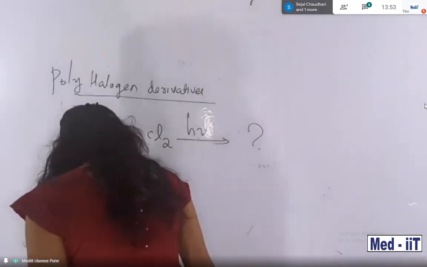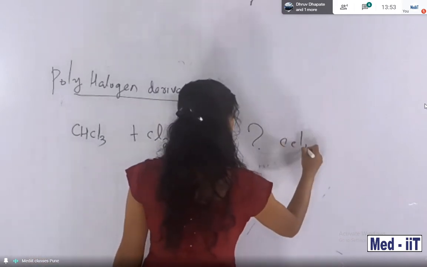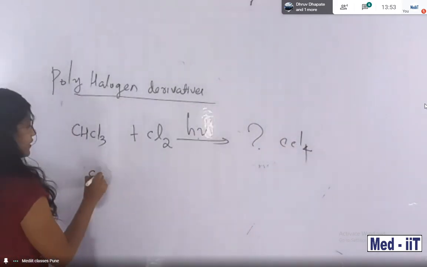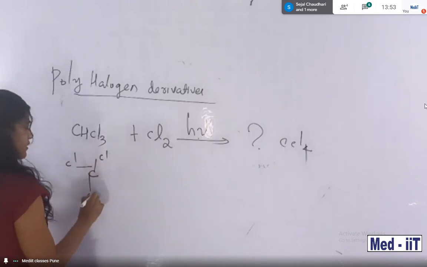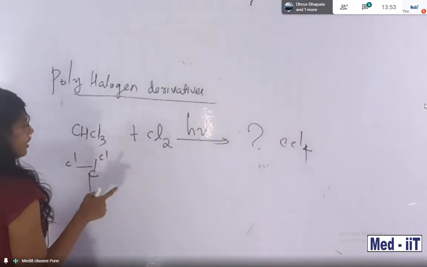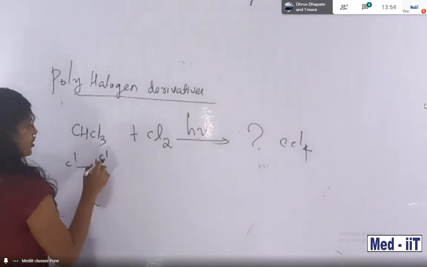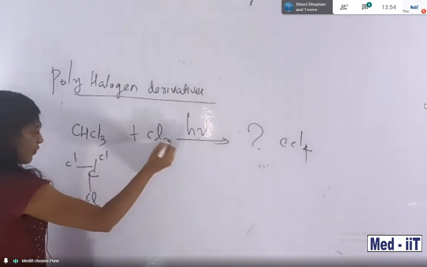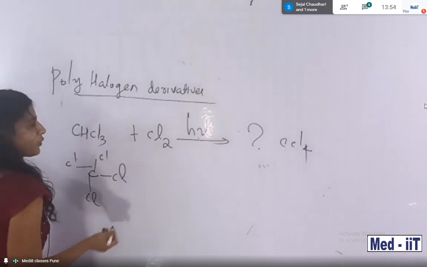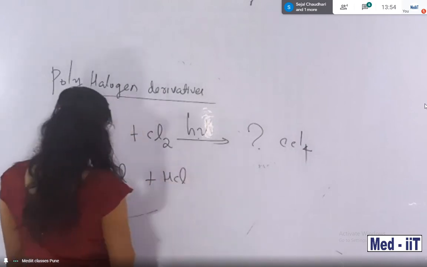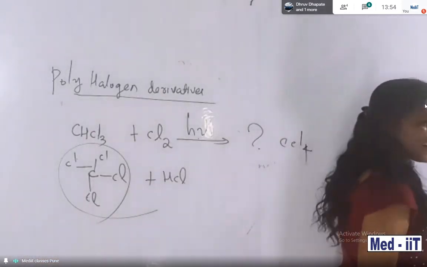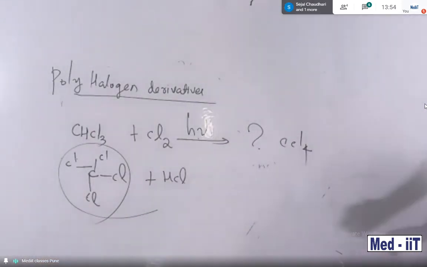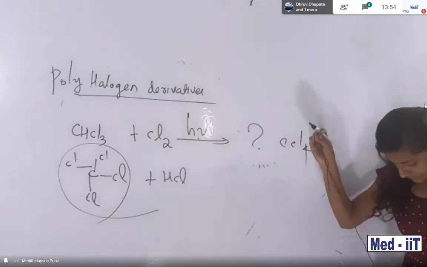Why CCl4, students? Because one hydrogen is removed, so 3 chlorine are there, then one more chlorine will enter. So CCl4, and the remaining is HCl. So this is your product, CCl4. Clear? Very good. You are connecting to the same thing. I am very happy. Very good. Okay, next one.